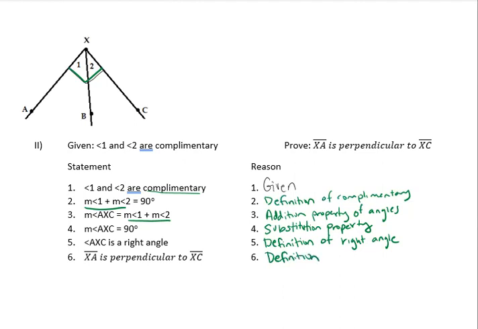Sometimes you're going to use a lot of substitution and transitive and relating them, and sometimes you might just be using a lot of definitions. So the definition of perpendicular is that the lines form right angles. Okay, so hopefully this helps, and then you just have one left to try on proofs worksheet A.